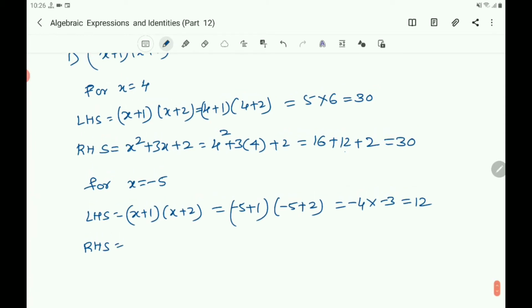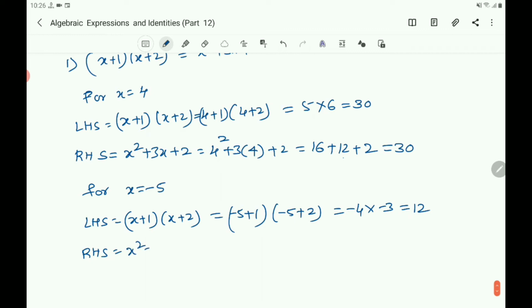Next you take the RHS equals x square plus 3x plus 2. Then in the place of x you write (minus 5) whole square plus 3 into minus 5 plus 2. And (minus 5) whole square is minus 5 into minus 5, that is 25. And 3 into minus 5 is minus 15, and plus 2.